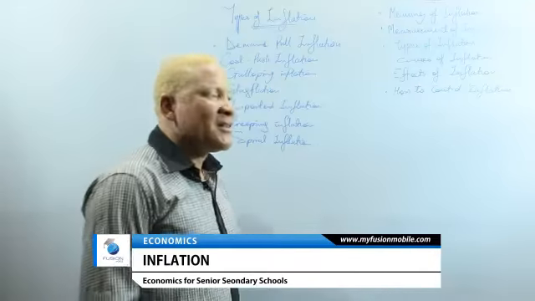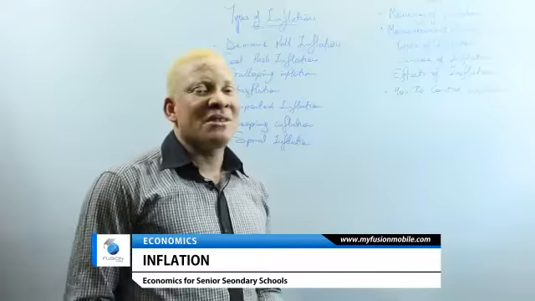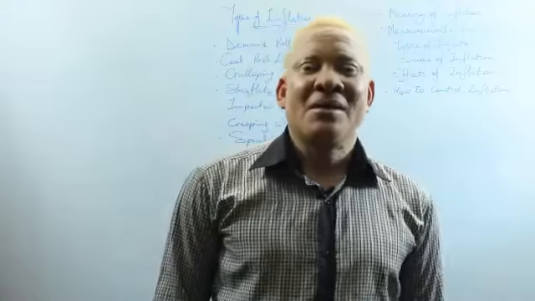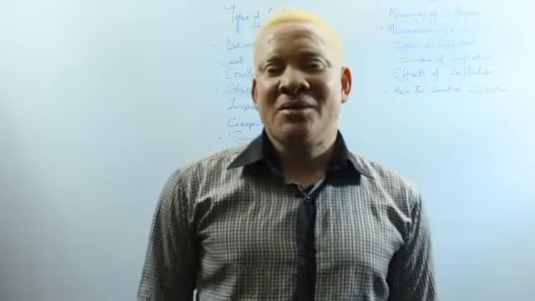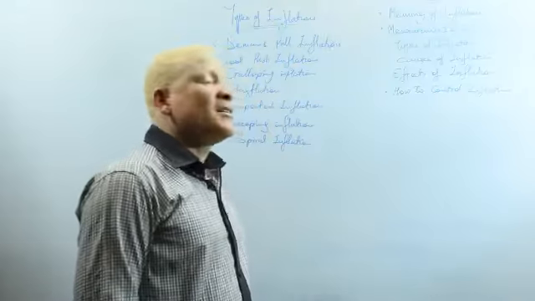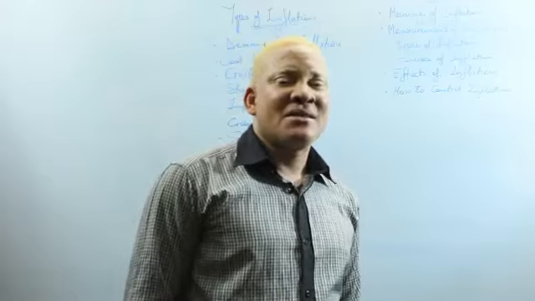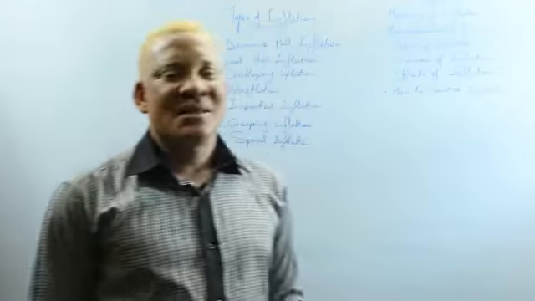And the next one, creeping inflation, is a gradual but persistent rise in prices of goods and services, which some people call ordinary inflation, or a one-figure or less than 1% increase in inflation rate, and this occurs at an intermittent rate.